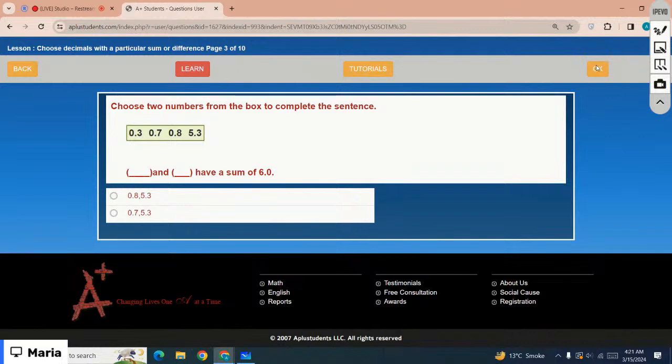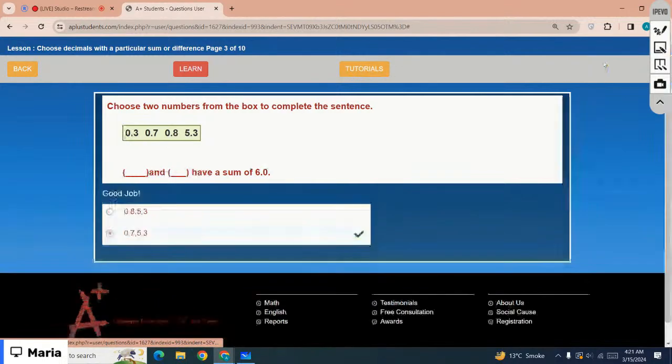That is the second one. 5.3 and 0.7 makes 6.0, right?